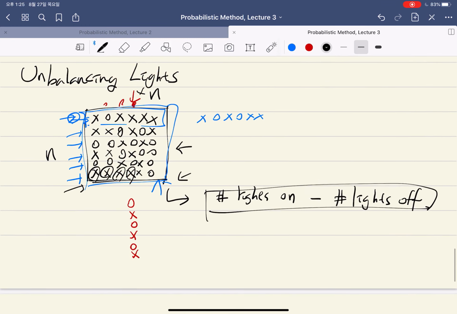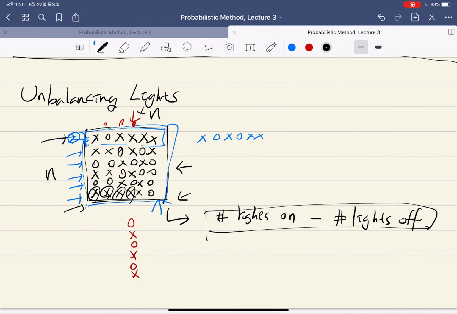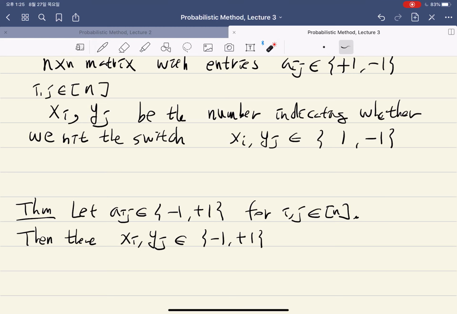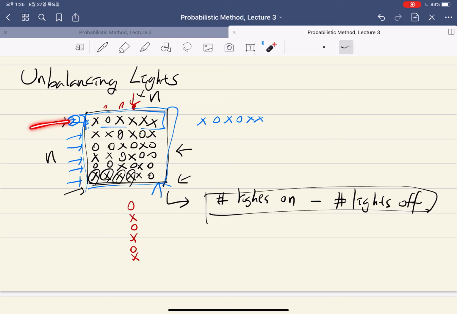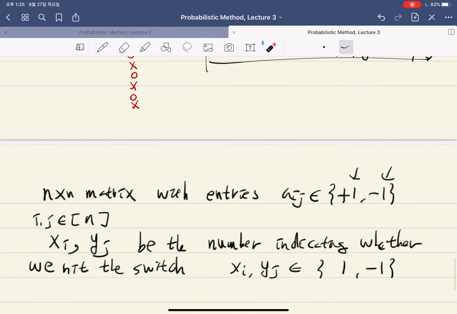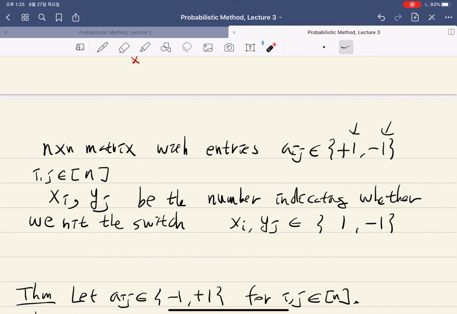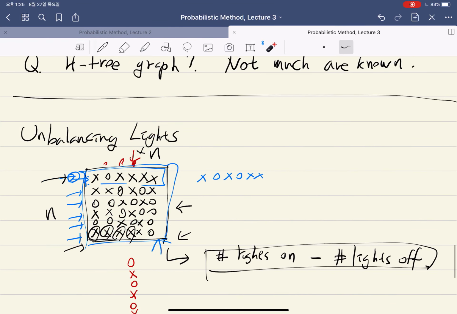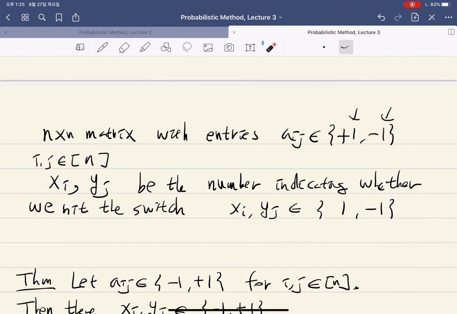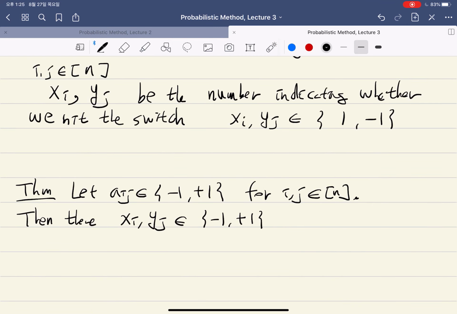If we don't hit the switch at all, then we multiply by 1, which will do nothing. If we hit the button once, then we multiply by negative 1, which will change the sign. So on becomes off, off becomes on. So x_i, y_j are plus or minus 1.